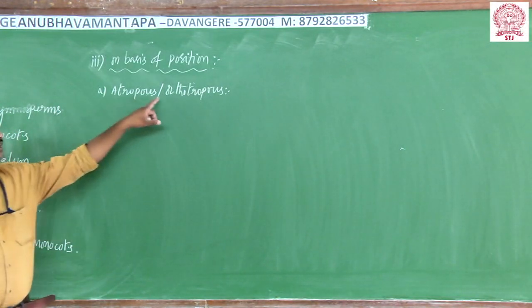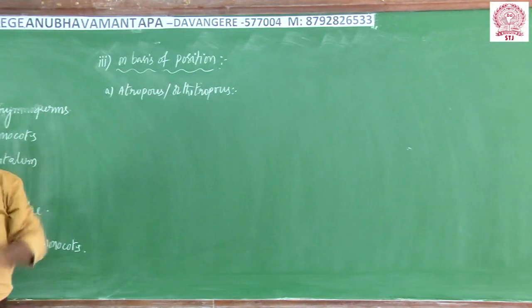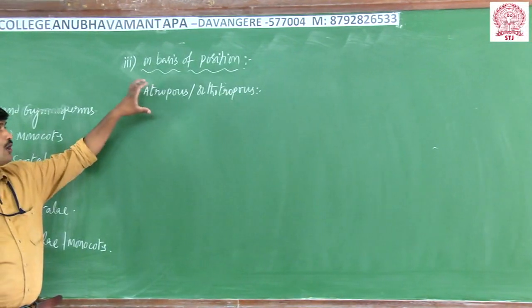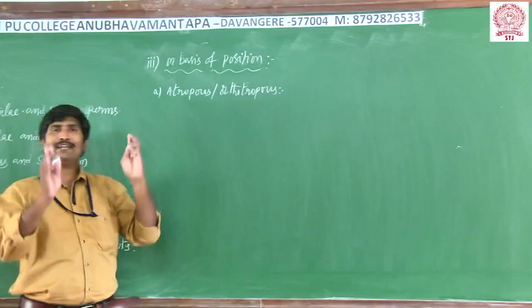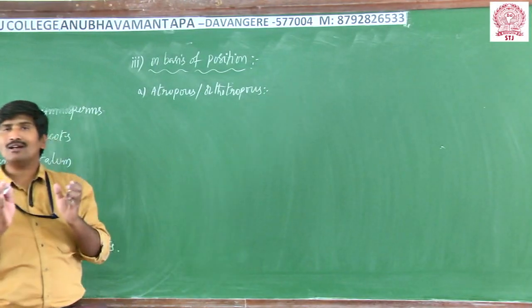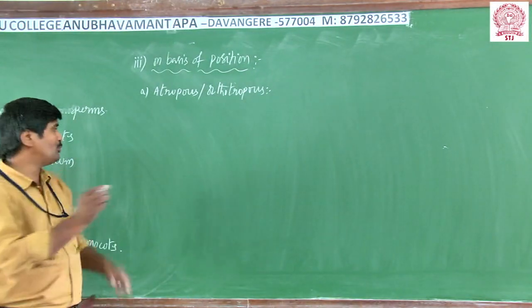On the basis of position, mainly 3 parts are there: chalaza, micropyle and funicle.